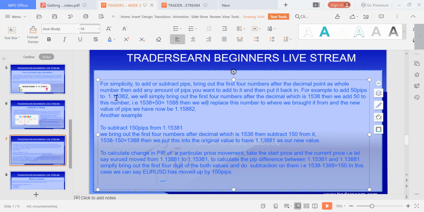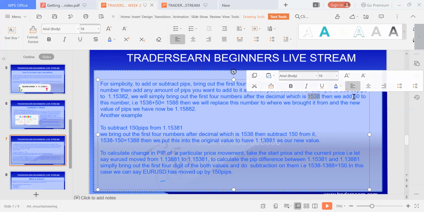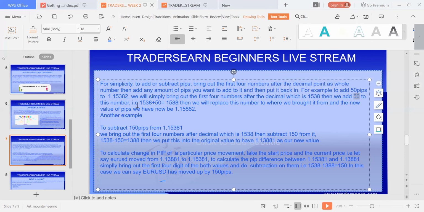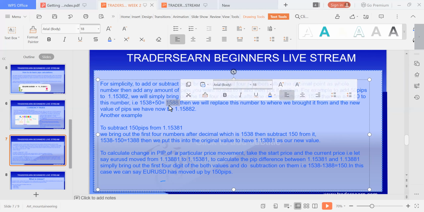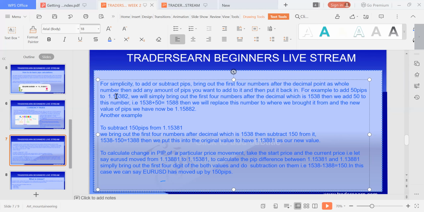Bring out the first 4 digits after the decimal, which is this 1538, then add 50 to it. So it's going to give you this expression: 1538 plus 50, and that's going to be 1588. Now bring this 1588 to replace this 1538, and you are going to get this. So this is telling you that the price has moved 50 pips upward from this.